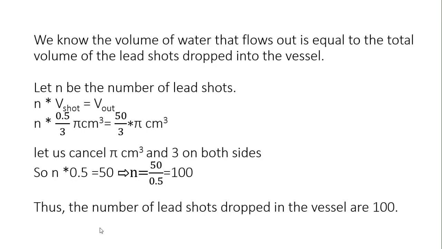Here only 2 points are to be considered. First point is we are equating the volume of the conical vessel with the volume of the water. That should be clear because the water is filled up to the rim of the conical vessel. And here the volume of the water that is flown out will be equal to the volume of the total number of lead shots that are dropped into the vessel.